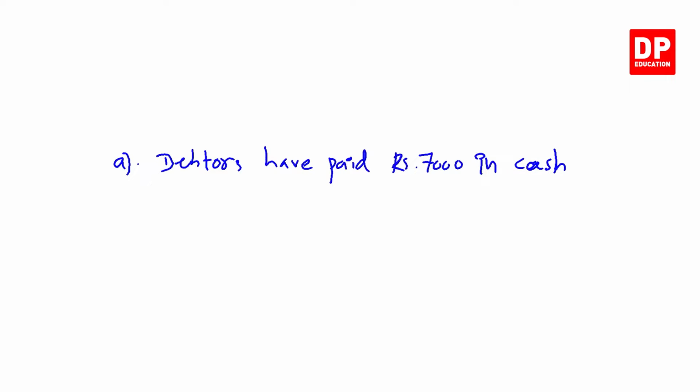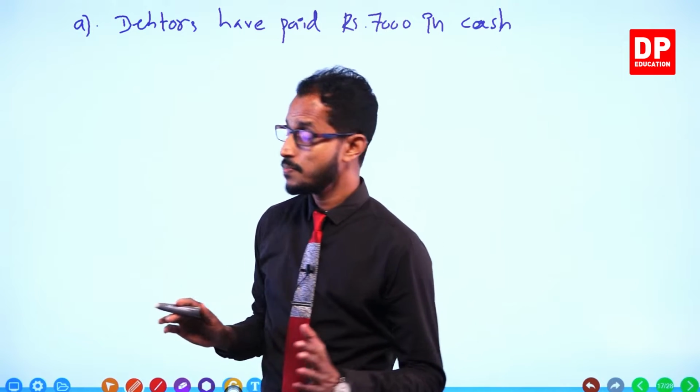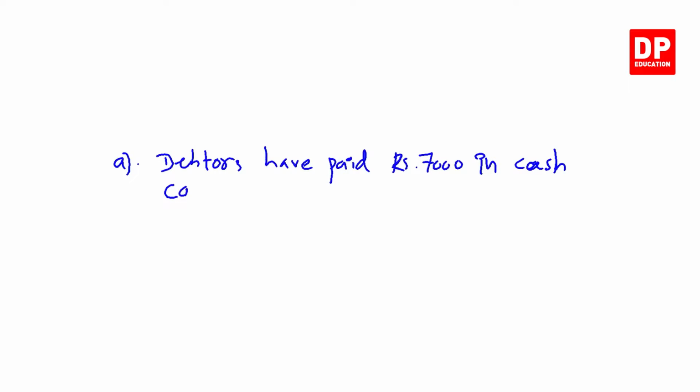Or you can write: cash received from debtors rupees 7,000.